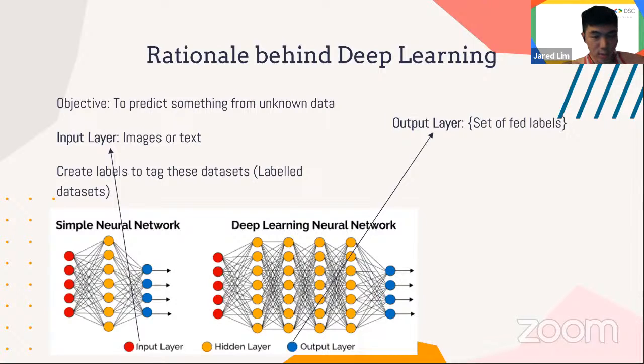So if you're feeding in a group of images and your labels are cats, dogs, and elephants, your output layer will always be within the set of cats, dogs, and elephants. You will never be able to predict something else.